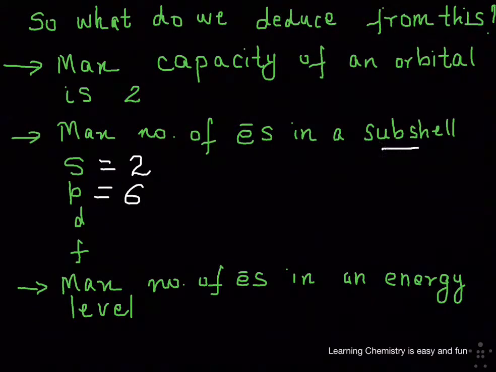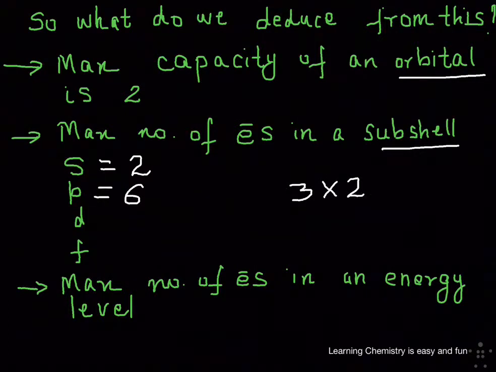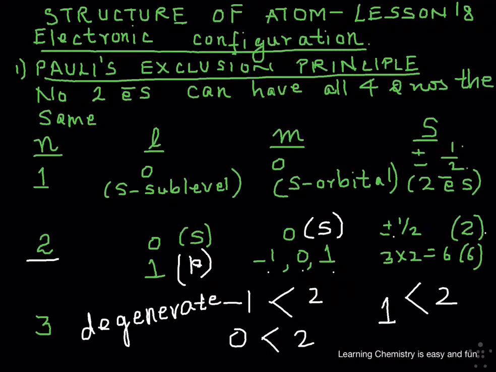Please remember, here I am talking about a subshell, there we spoke about an orbital. The maximum capacity of an orbital remains 2. But because P has 3 orbitals and each orbital can accommodate a maximum of 2, this gives me a value of 6. Let's go back to D now.